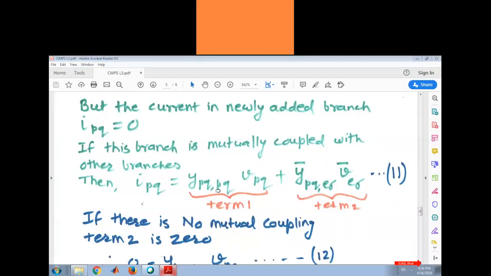YPQPQ is the self admittance of that branch, and if it is mutually coupled with any other branch, rho sigma, so this will be the voltage across that branch multiplied by the mutual admittance. Now, in our syllabus, this is not there, so we will neglect this. There are no mutual couplings, so therefore term 2 is 0.